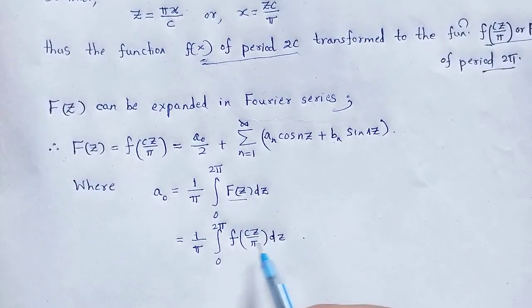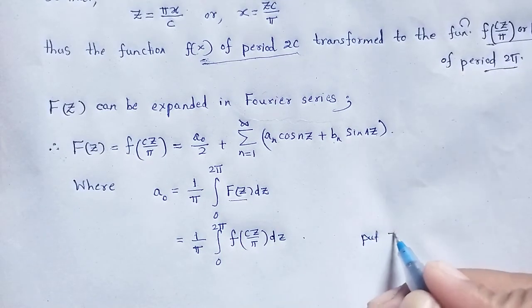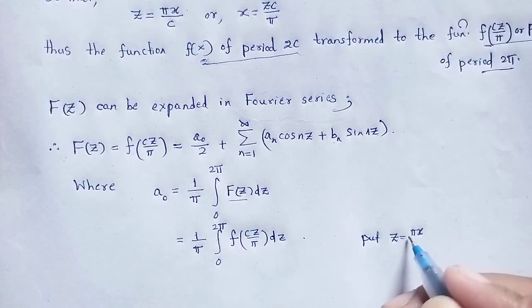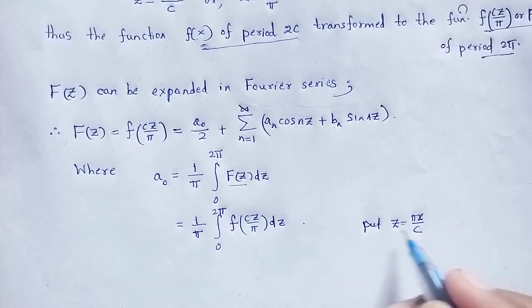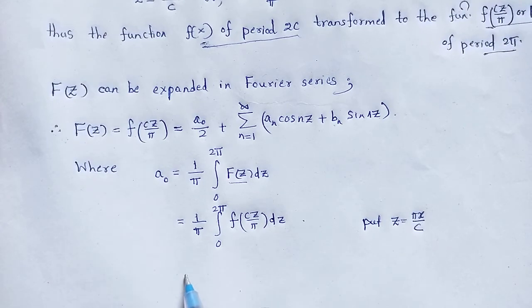Now we put z is equal to pi x by c. Then the limits change to 0 to 2c.